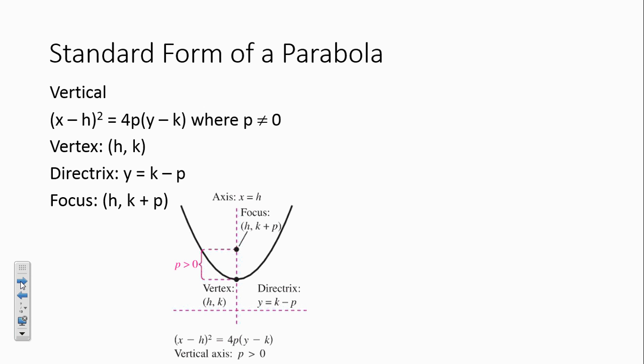So the standard form of a parabola. And this is standard form as our book calls it. Okay, we're going to think of it as vertex form. If the parabola is vertical, like we've been used to seeing, then it will be (x minus h) squared is equal to 4p times (y minus k), p is not equal to 0.